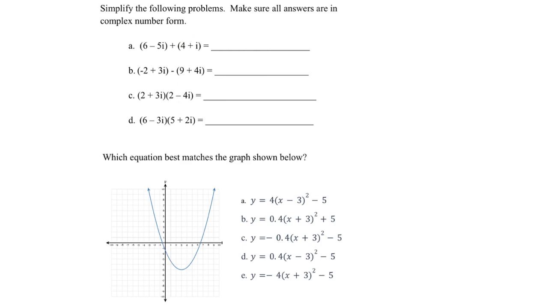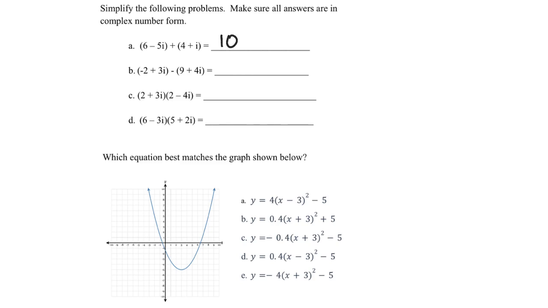Okay, for all of these, you're going to just use the i on your calculator. We'll go over how to do it by hand as well, but you're just going to use i on your calculator to do these. So if I'm adding the 6 and the 4, it's just going to make 10. Then the negative 5i plus just regular i gives you negative 4i.